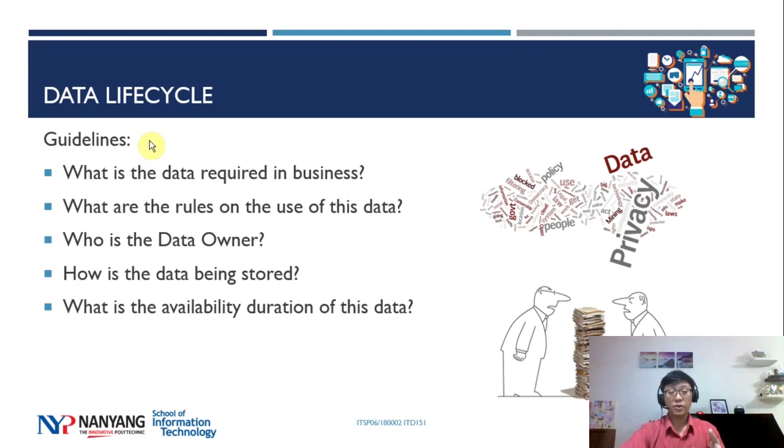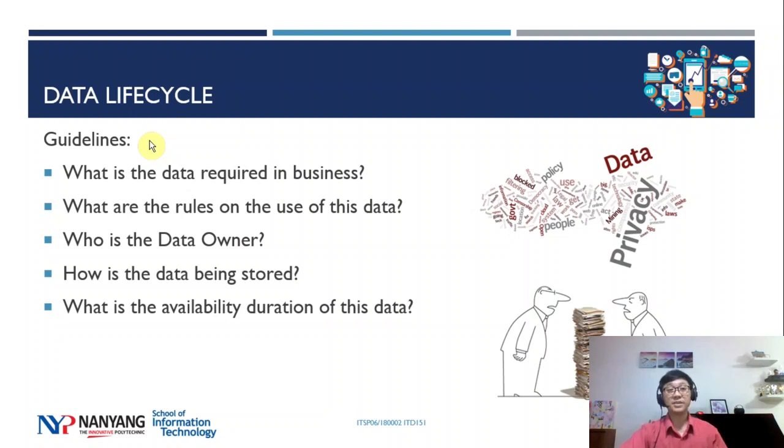If you are an MNC, are you going to store it in the HQ, or at the various branches as well? You're going to decentralize your data storage, right? For redundancy purposes, etc. So these are some important guidelines in data management, right?